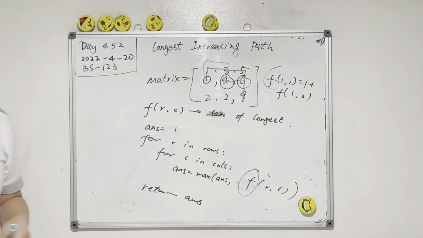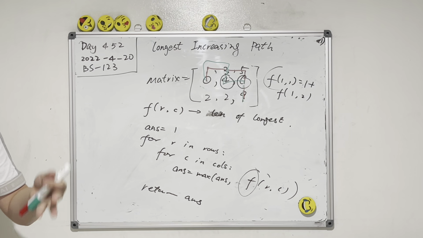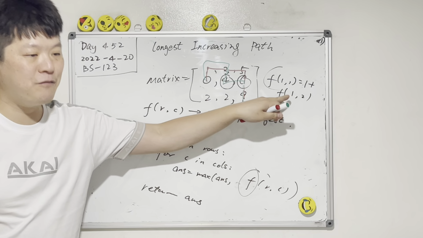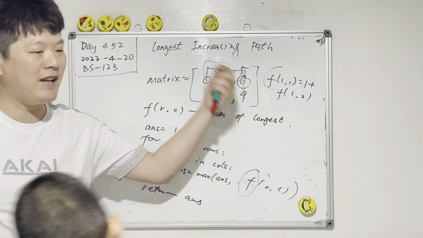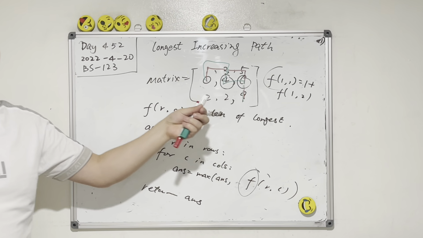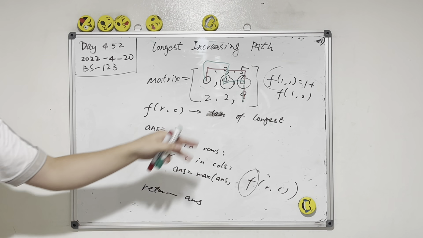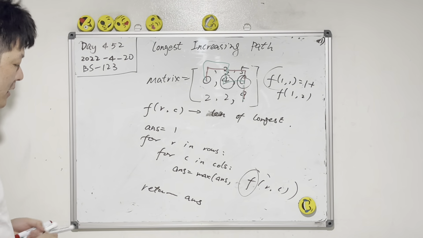Do you get it? So we just check the four directions, and if one of the neighboring pixels is strictly bigger, then we can extend the path by 1 more.